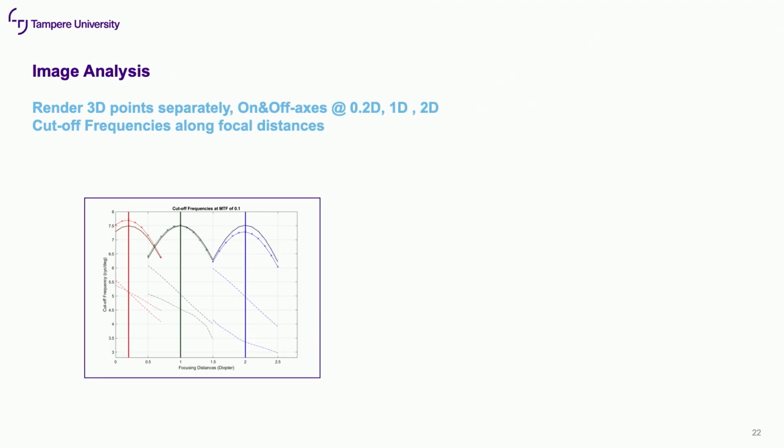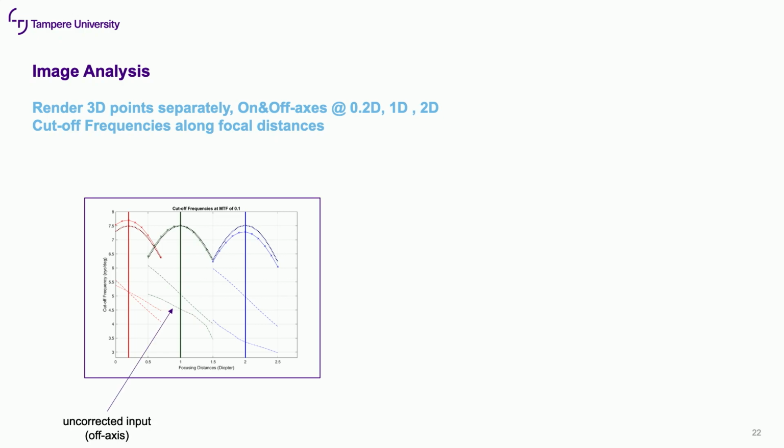Here we have a compilation of all the final results. We separately render points both on axis and off axis at depths of 0.2 diopters, 1 diopter, and 2 diopters. So six points are separately simulated. In this figure, we plotted the cutoff frequencies at a value of 0.1 in the observed MTFs.